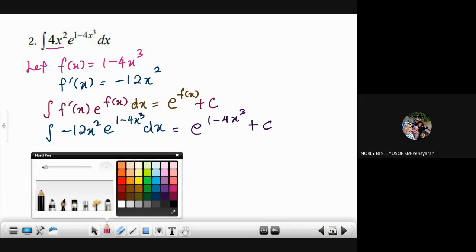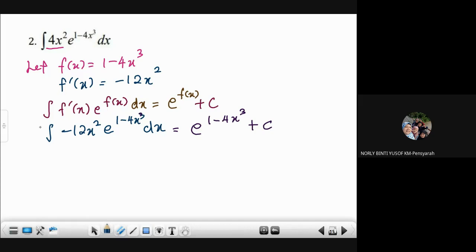So both side sebab nak dapat 4 kan. So both side you kena darab dengan negative 1/3. Left hand side darab negative 1/3, right hand side pun sama, negative 1/3.